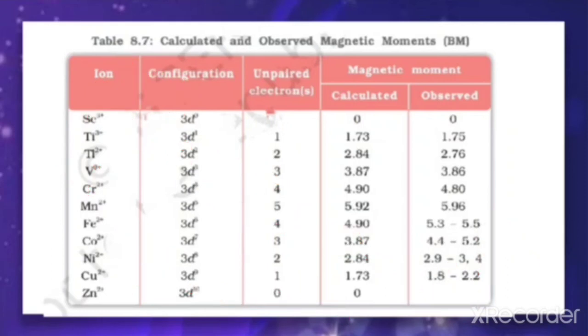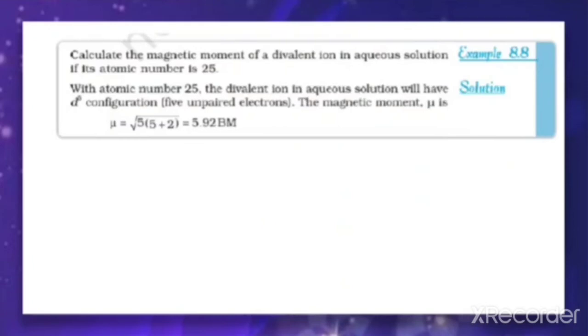So let us do one question. This is one of the textbook solved questions, and in the exam also you will be getting questions in this way. Calculate the magnetic moment of a divalent ion in the aqueous solution of its atomic number 25. That means here the element is not mentioned but its atomic number is given.